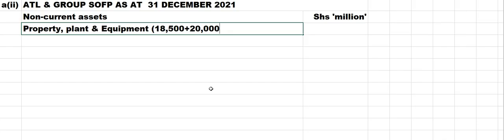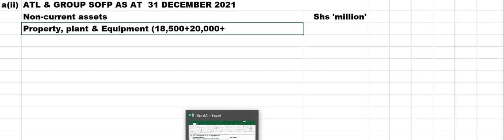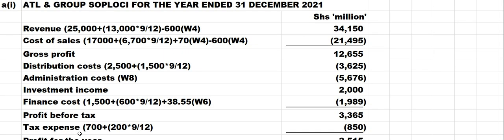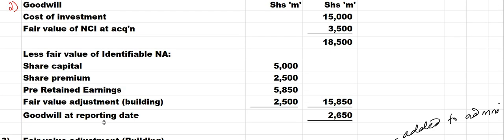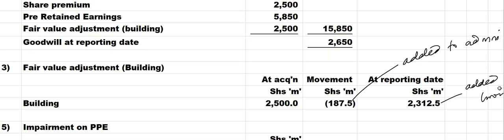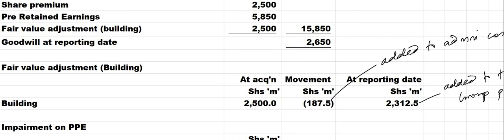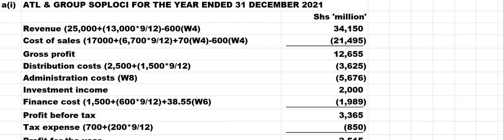Then you have to add the fair value adjustment. There was an item of PPE, the building, and I've told you that at the reporting date we are going to add the 2312.5 on the group PPE.